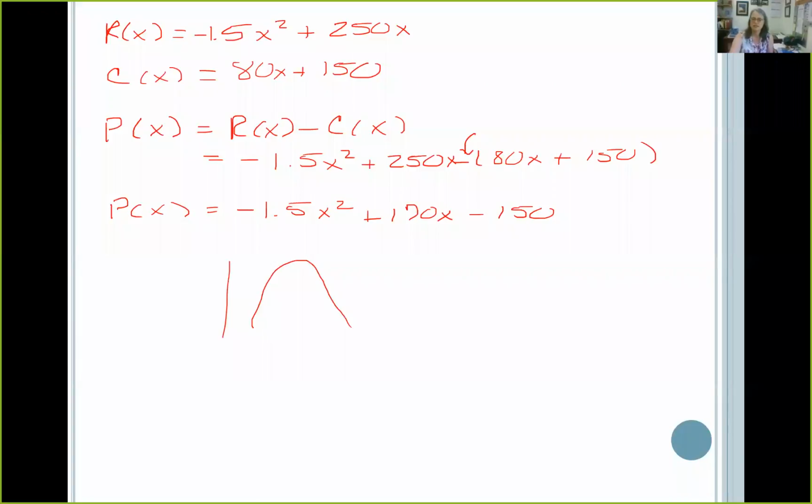If this is price per unit, and this is number sold, then there is a price where I can maximize my profit. So I can figure out what price I should sell these things for in order to maximize my profit.